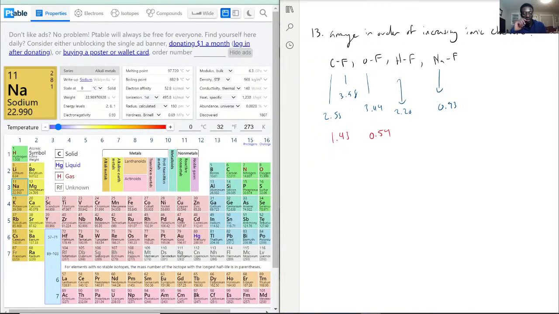So for hydrogen and fluorine, we have 3.98 minus 2.20, which is 1.78. And for sodium fluoride, 3.98 minus 0.93, yes, 3.05.